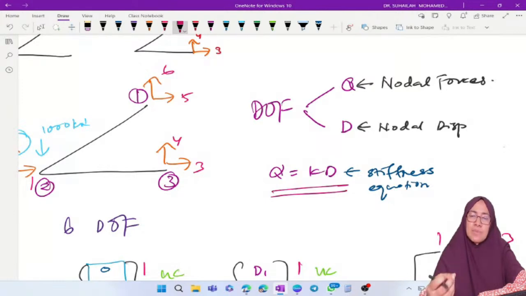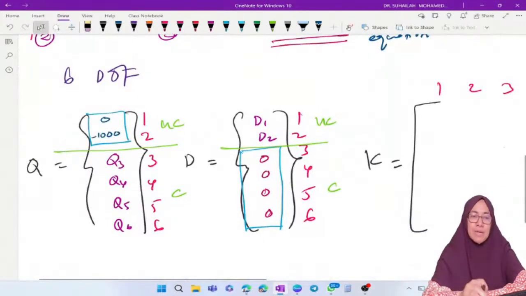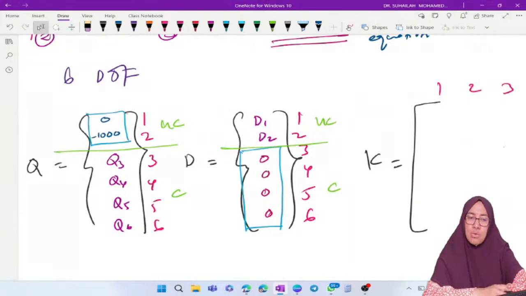Because displacement is the first output. So we have to solve displacement first, then only we can solve for the unknown reaction. In order to do that, we have to be able to label Q and D in matrix form.